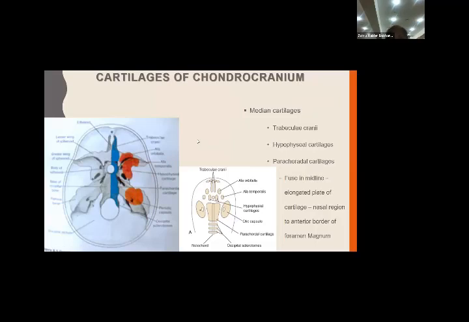Now, let's do the cartilages of the chondrocranium, the cartilages that make up the base of the skull.